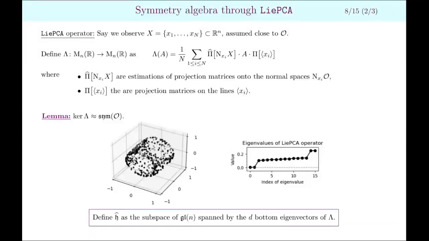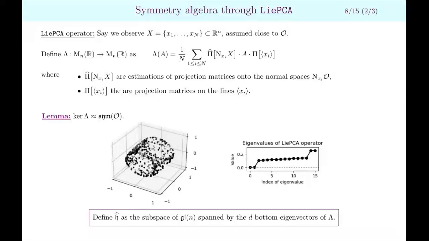You compute the operator, then you diagonalize it, so it's a symmetric semi-definite operator. Then you have a look at the eigenvalue profile. And if you're lucky enough, you will see small eigenvalues. These small eigenvalues should represent the kernel. They should represent the symmetry algebra.